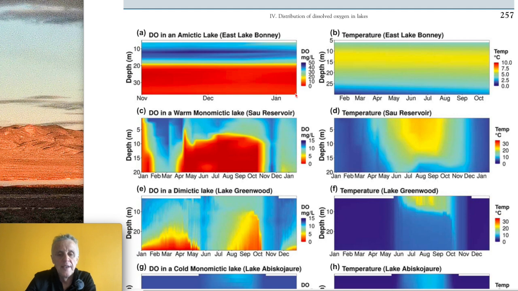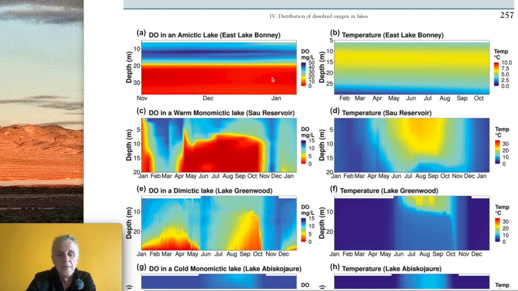As they were saying in the text that we just read, the data was only collected in the summer, so this is why it's not a full year for the dissolved oxygen. Apparently, we do have data for temperature for Lake Bonny. In any case, the concentration of oxygen is pretty much stable throughout these months and hasn't changed.